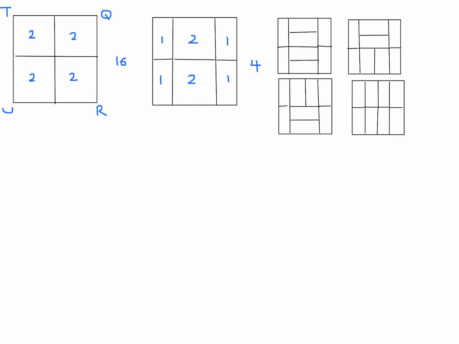Okay, now that we've got them all drawn, can any of these 4 have occurred already in these 16? And if you look carefully, the answer is yes, this one. This one is an overcount, because this one could have been created in this scenario also, if all of them were like this.